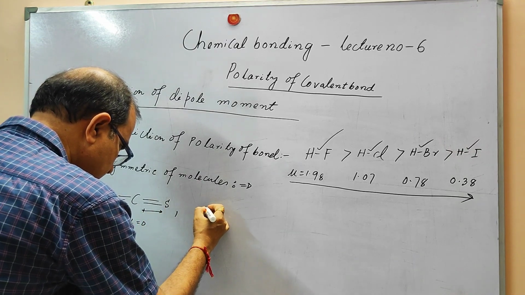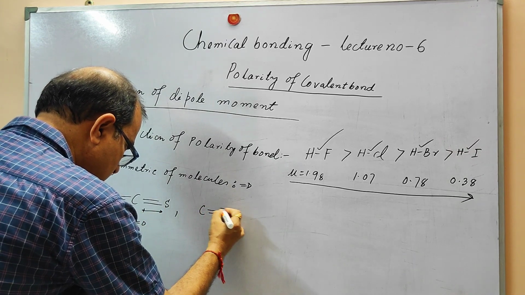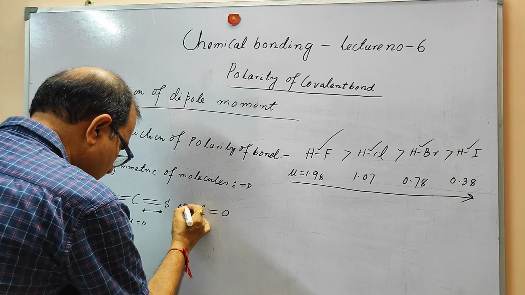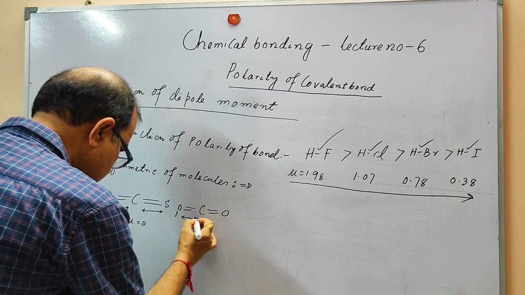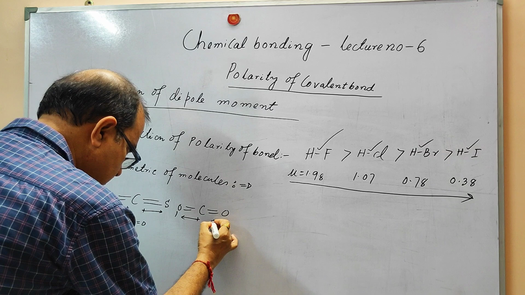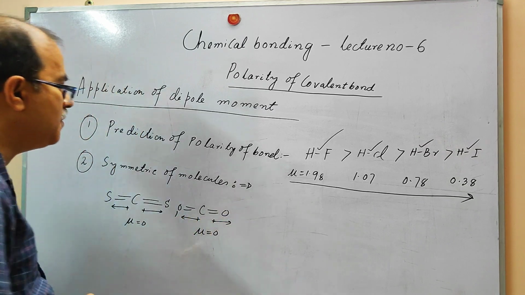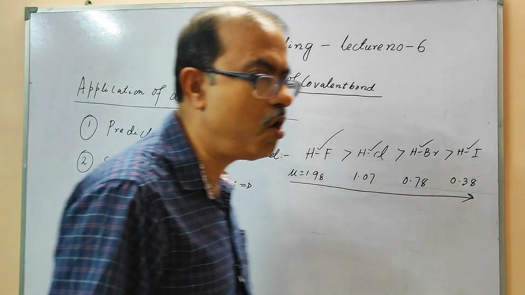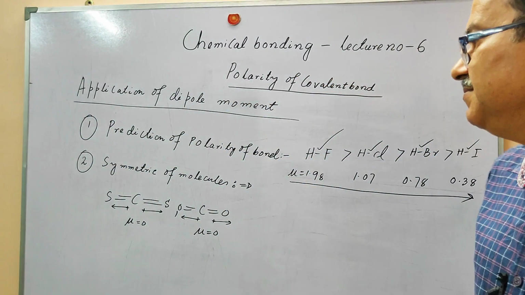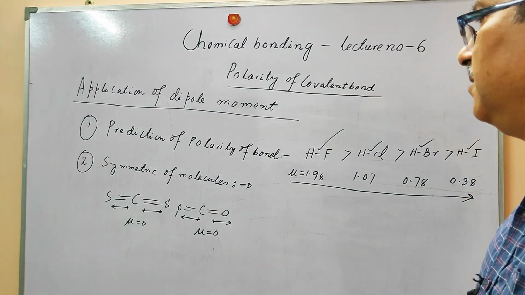Another example is carbon dioxide. Carbon dioxide also has a dipole moment of 0. So when the dipole moment is 0, we call the molecule symmetric.